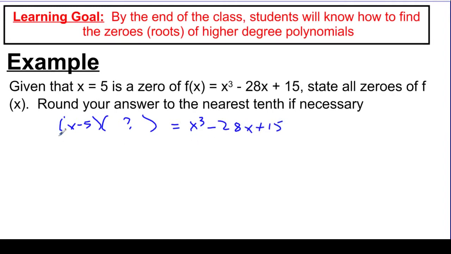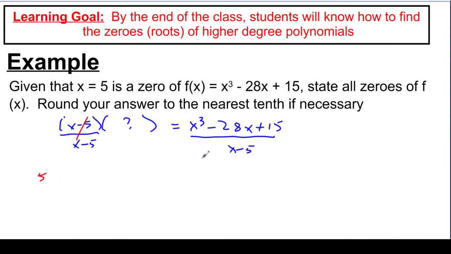So what we're going to do is work backwards. If I want to know what that something is, I can divide by x minus 5. I just have to do what we know how to do about division problems. This is a synthetic division problem. X minus 5 is a nice simple linear expression, so I'm going to set up a synthetic division problem.